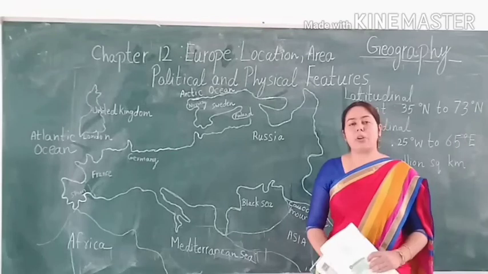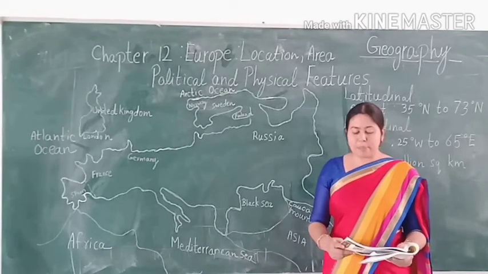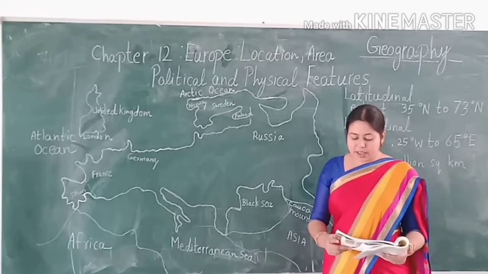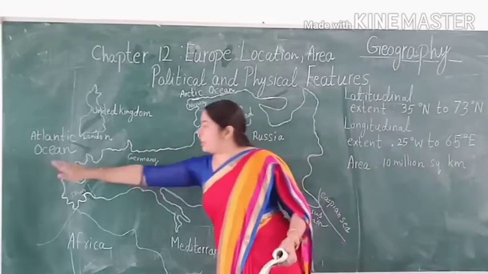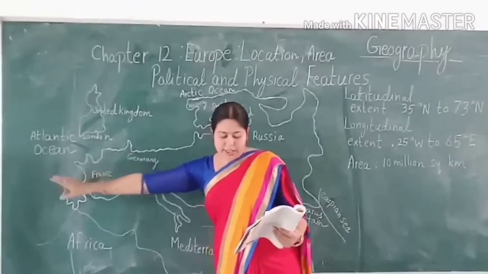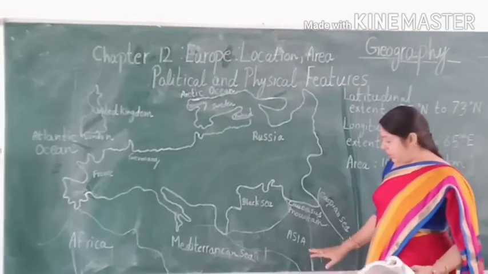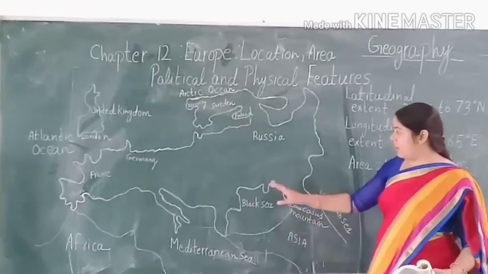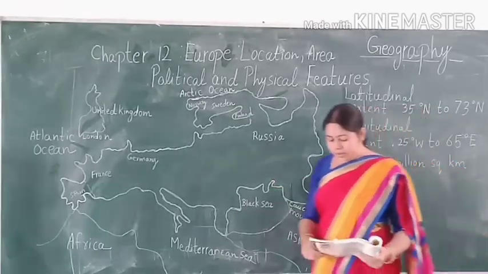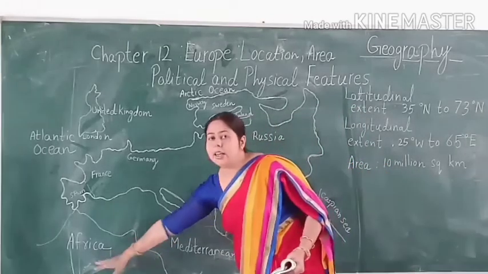Now let's discuss the location of Europe. Europe lies almost in the middle of the northern hemisphere, with North America to its west beyond the Atlantic Ocean, Asia to its east, and Africa to its south.